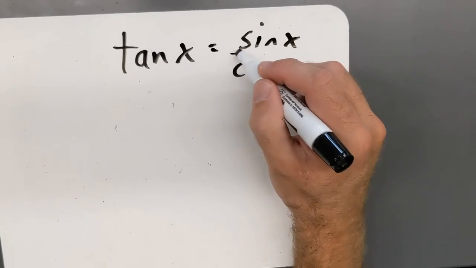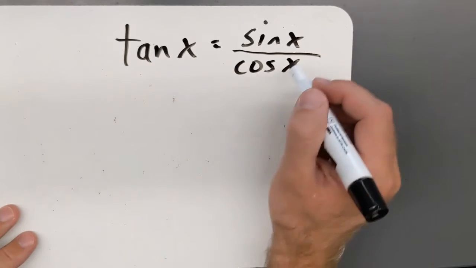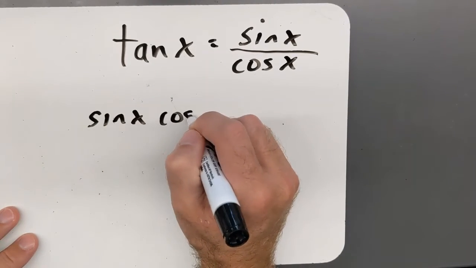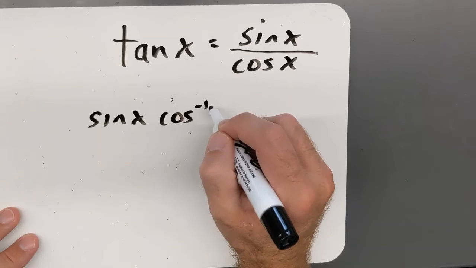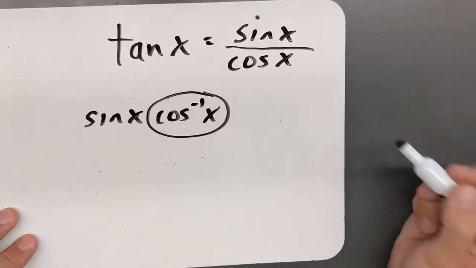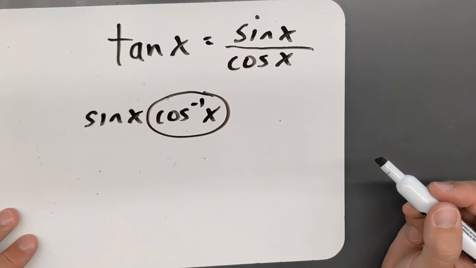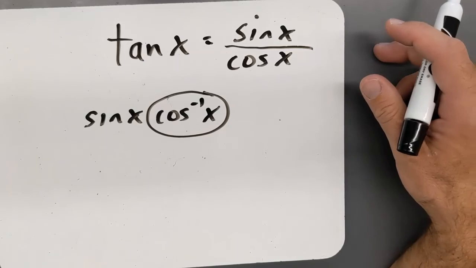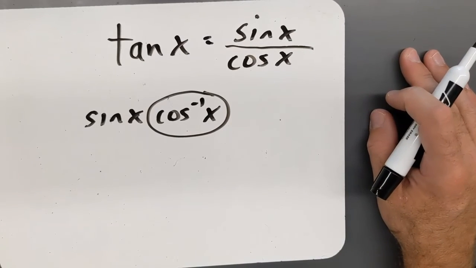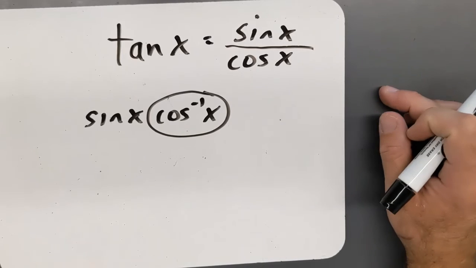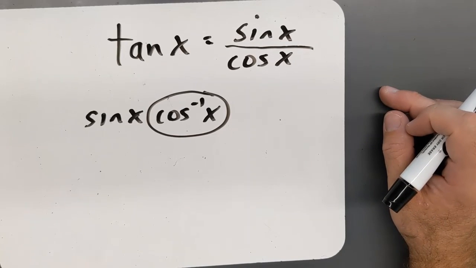Well, we don't deal with fractions, so we have sine of x times cosine of x to the negative 1. How we deal with this, we're not going to deal with right now. We don't come across that a lot, and off the top of my head, I can't do it, but we can do it in class, and we'll look it up really quickly. But sine and cosine, we will have to take the derivatives probably. That does happen.